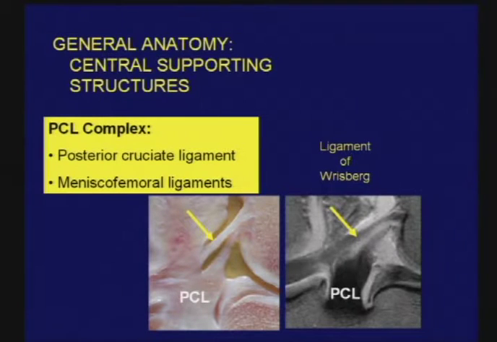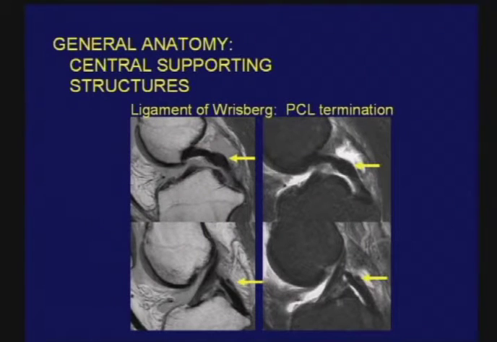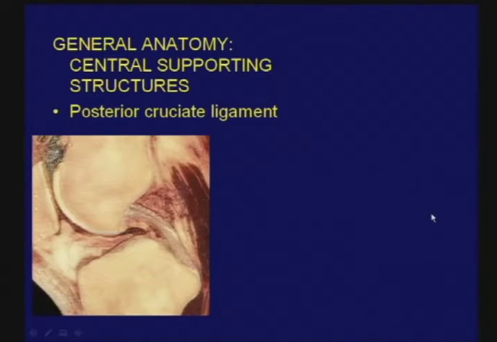So whenever you're dealing with tears of the posterior cruciate ligament, a comment should be made as to the presence and integrity and size of meniscofemoral ligaments. This is showing you the situation where this ligament of Wrisberg terminates within the posterior cruciate ligament. It looks thick there, but that would be a normal finding.